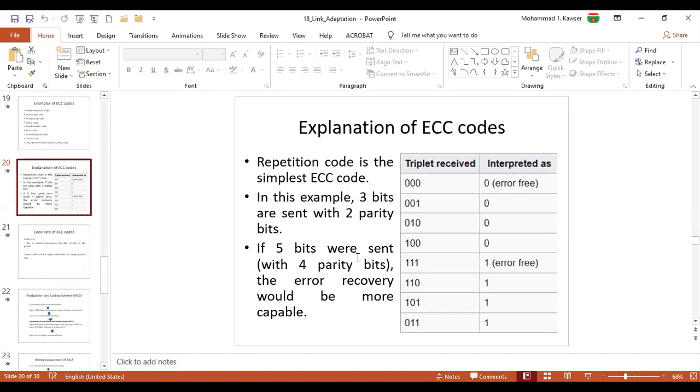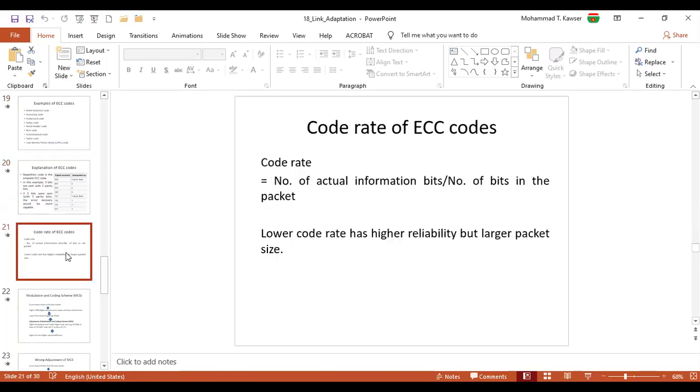And if you had 5 bits instead, the code rate would be 1/5. Now a lower code rate definitely gives you higher reliability. It is more likely that you receive correct bits, but the larger packet size reduces the overall data rate.